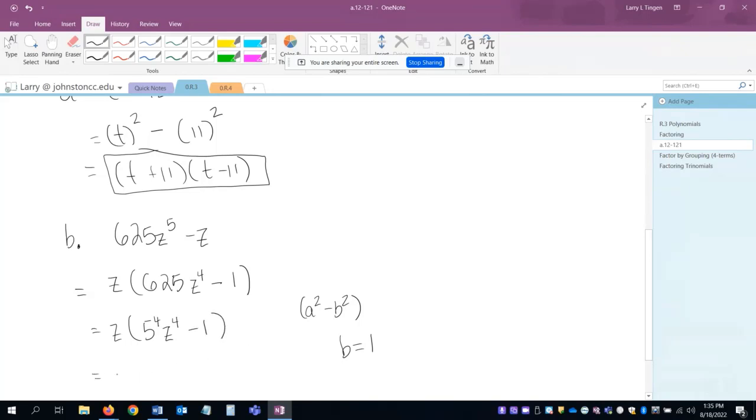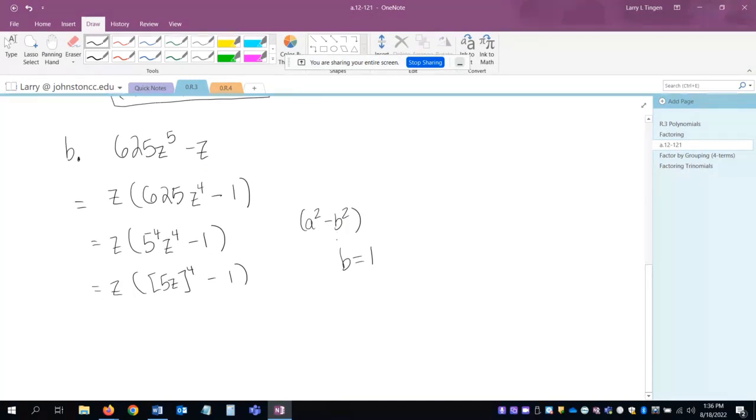All right. So that means I could come back and rewrite this as 5z to the fourth. Now, what do I need that power to be to match up? I need that to be a square.